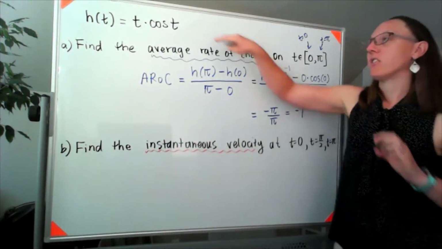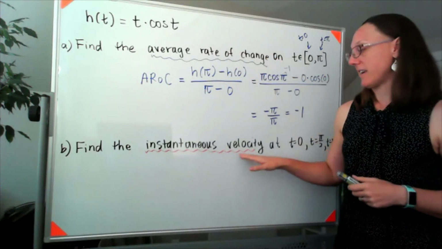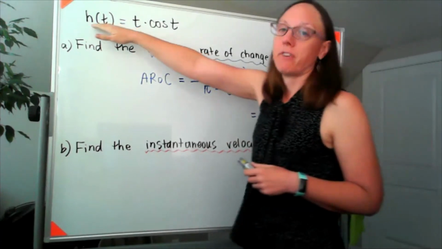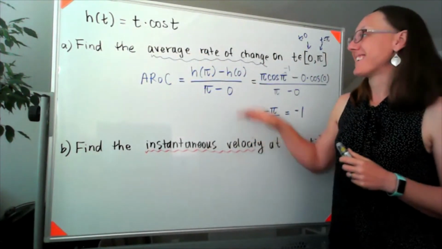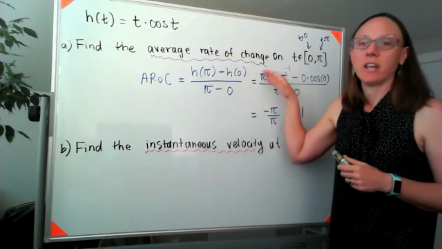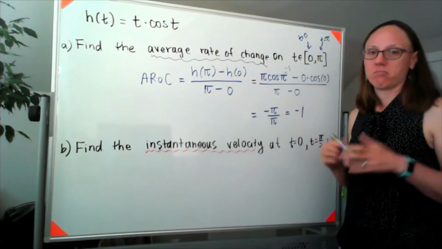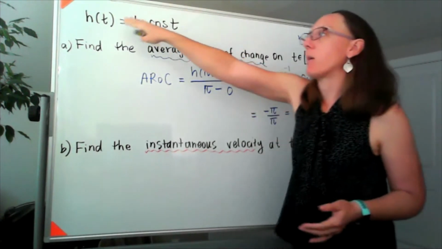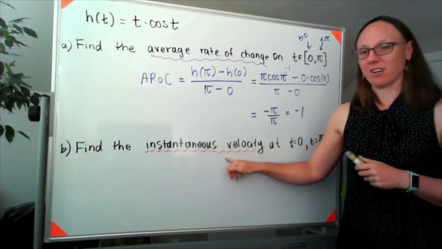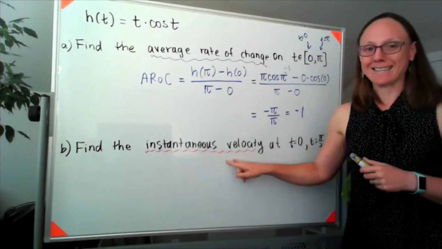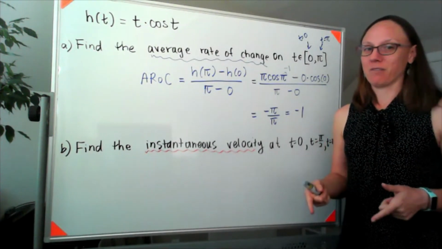So depending on the context of the problem, we might talk about it as an instantaneous velocity if this function is a position function, or as an instantaneous rate of change if we don't know what that function represents. So here I'm going to say that represents a position, so I want to find the instantaneous velocity. Well, that phrase instantaneous tells me go take the derivative.